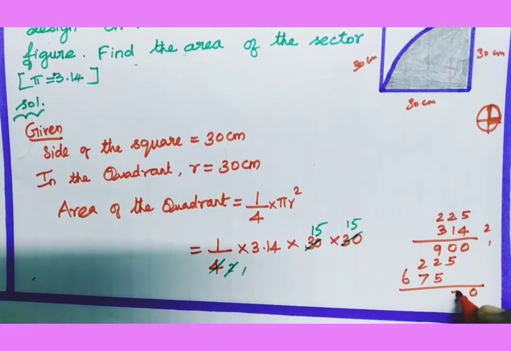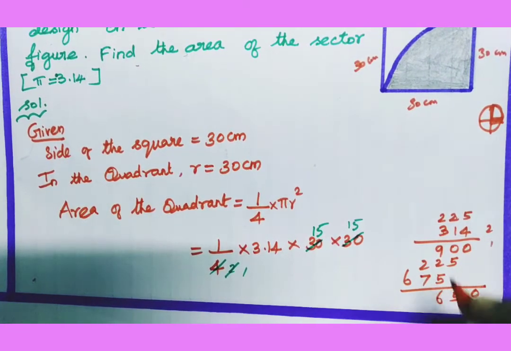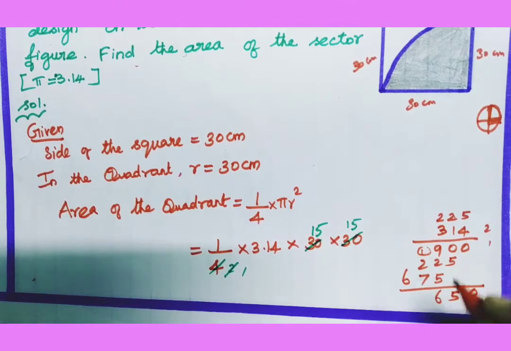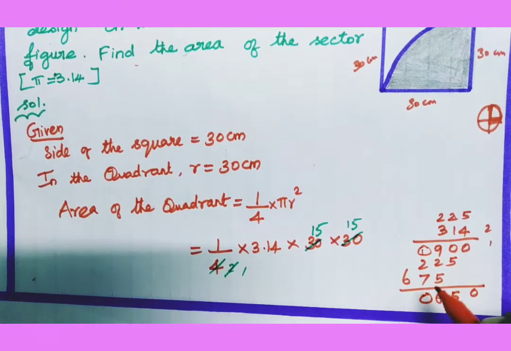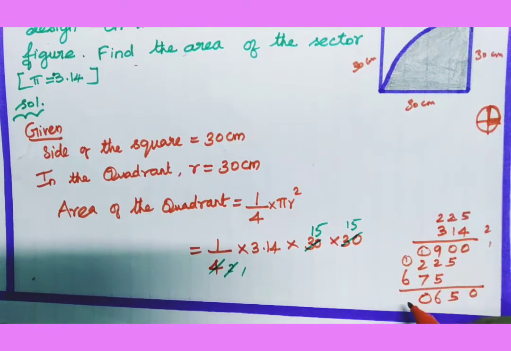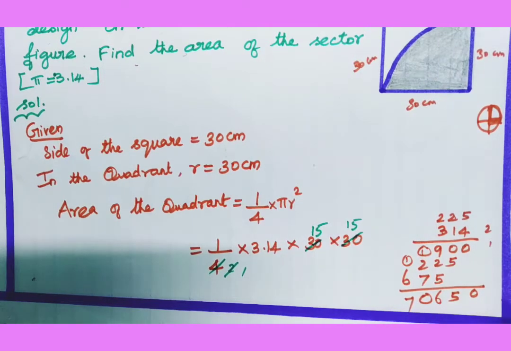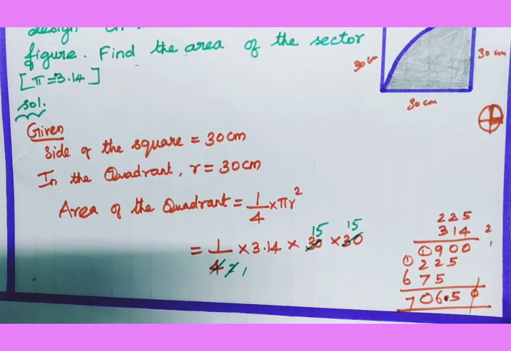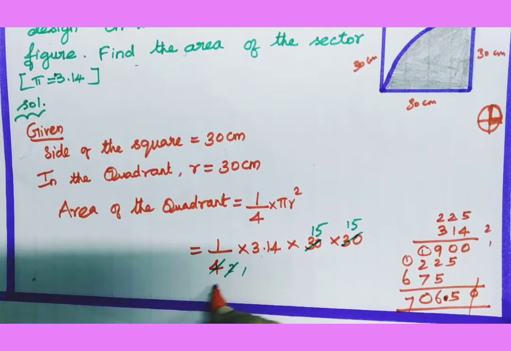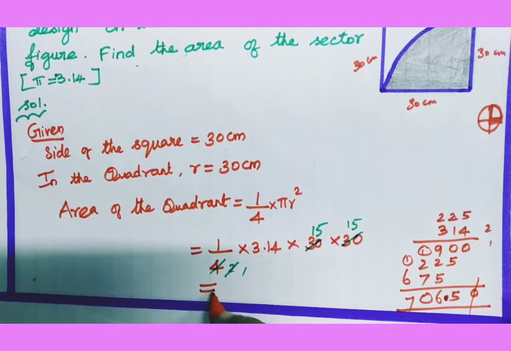Now 0, 5 1s are 5, remaining 1. So, what is it? 7. After the point, how many digits? 2 digits. So, I am going to put the dot here. Okay, so what will we get in this?